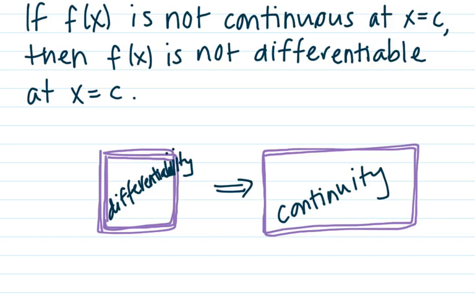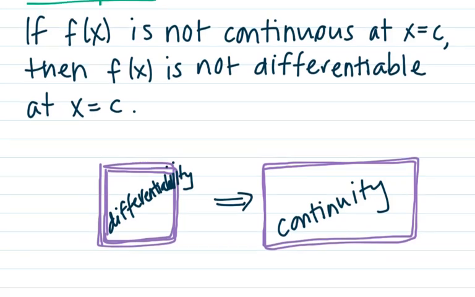Similarly, a square technically follows the definition of a rectangle, but just because something's a rectangle doesn't guarantee that it's a square. So if we know a function's differentiable, that implies it's also continuous. But just knowing a function is continuous does not guarantee that it's differentiable at all the x values. Our first three examples showed this particular situation.